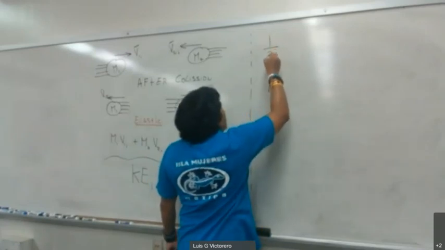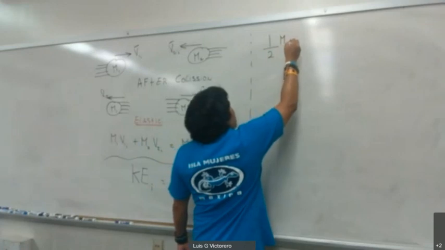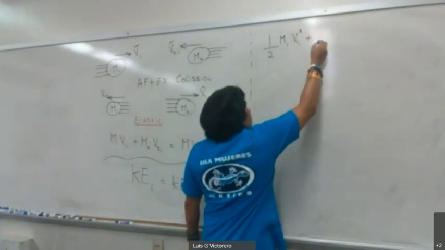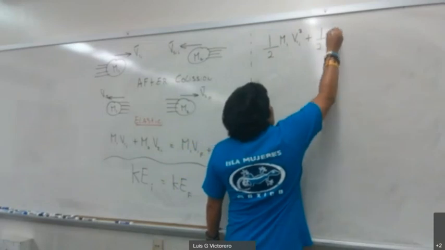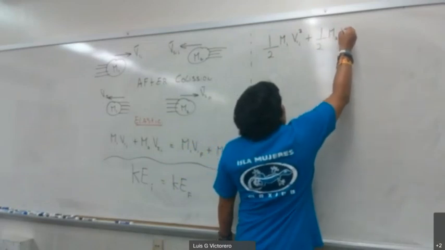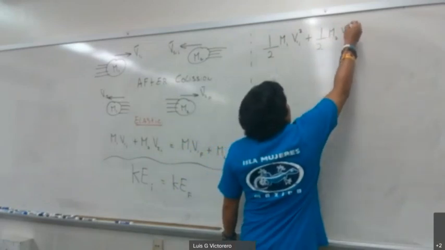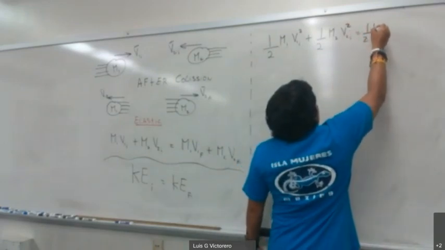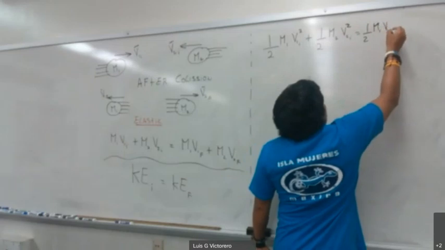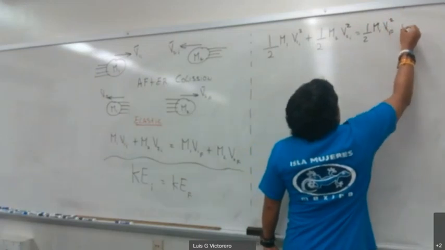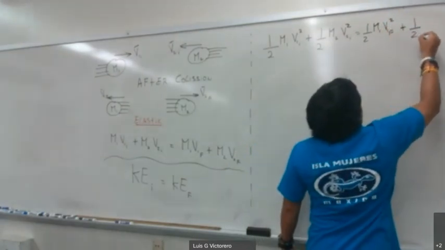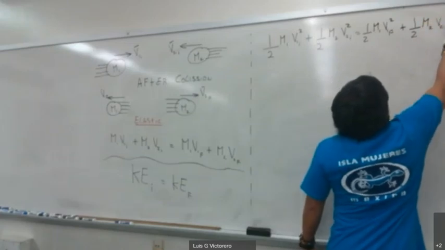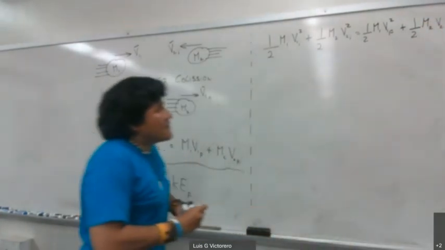One half M1 V1 initial squared plus one half M2 V2 initial squared is equal to one half M1 V1 final squared plus one half M2 V2 final squared. And you may be thinking that's going to be a mess. Not really.